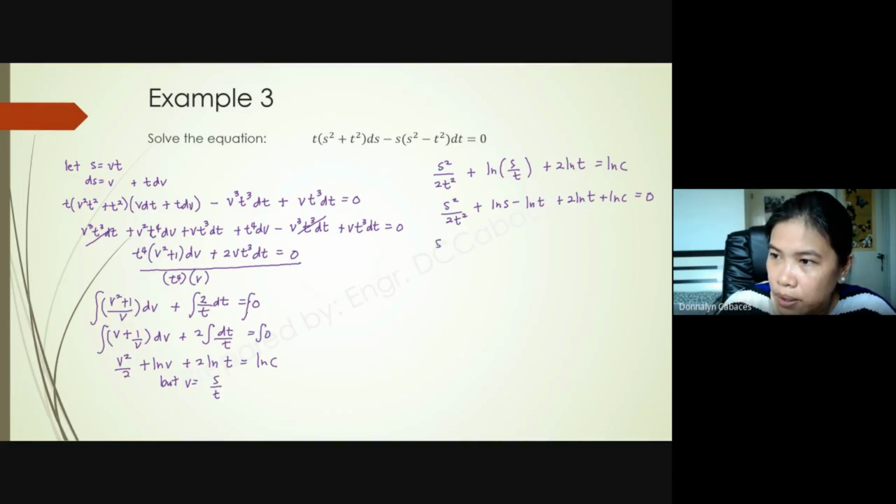So remaining now is s squared over 2t squared plus ln of the product s, t, and c, is equal to 0.